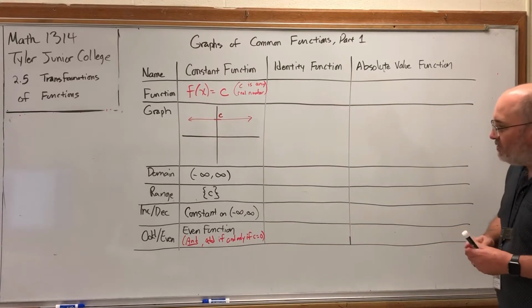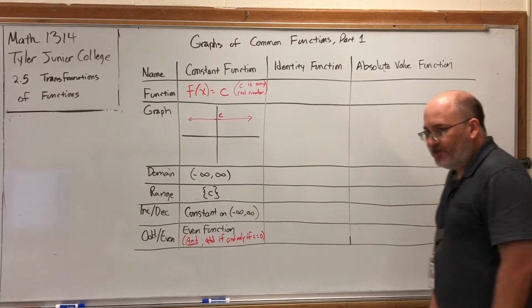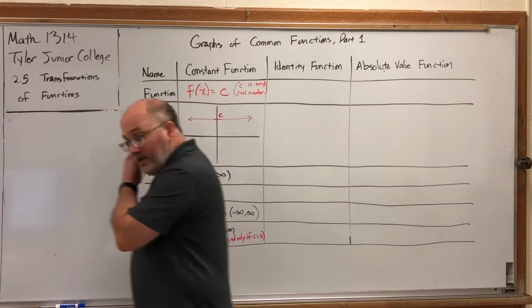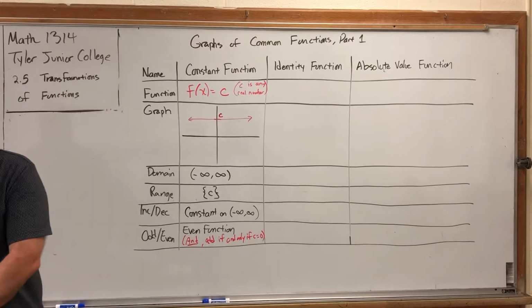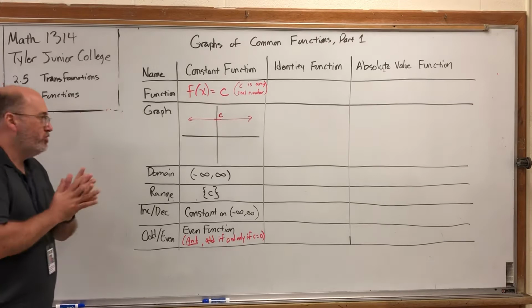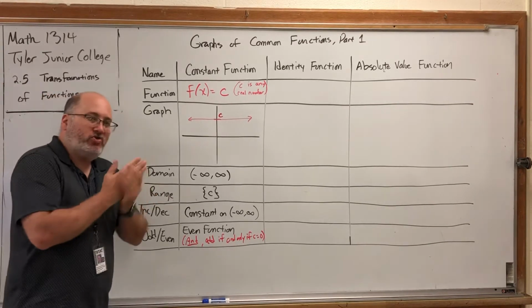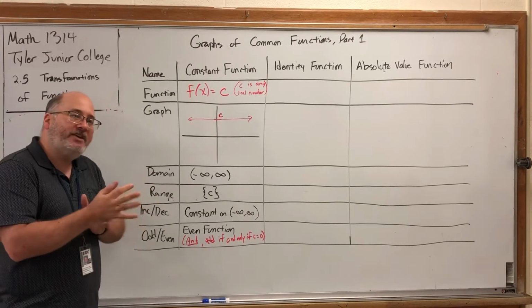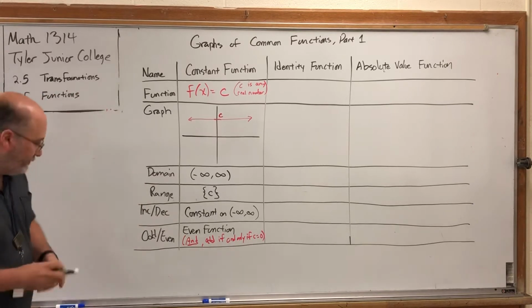It's the only function that I know of that can be simultaneously even and odd. In other words, the only function whose graph can simultaneously have y-axis symmetry and origin symmetry. Any other such graph that has both would fail the vertical line test and therefore not be a function.